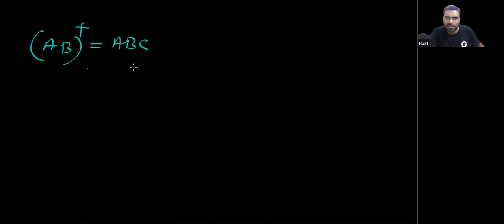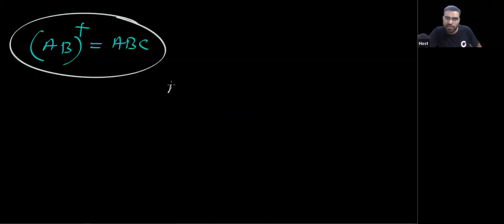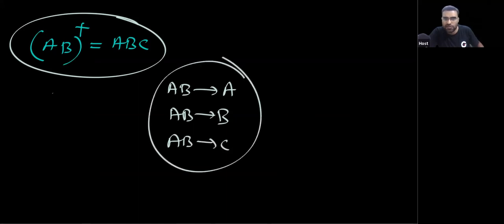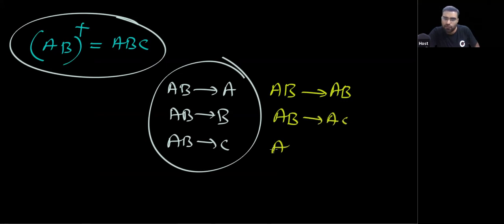Now, how many FDs can I create here? I can create this FD, AB determining A. I can create AB determining B. I can create AB determining C. So these FDs I can create. Remember LHS is AB. What else can I create?